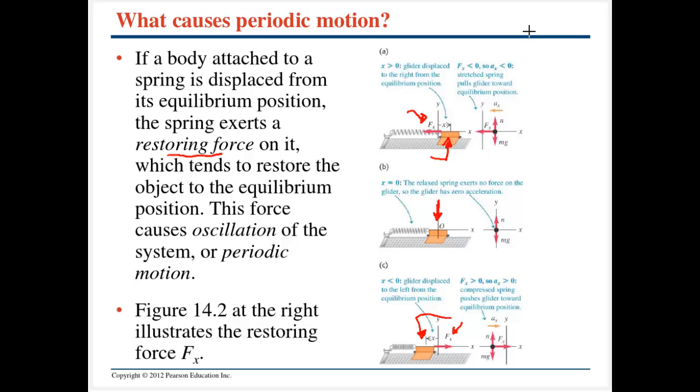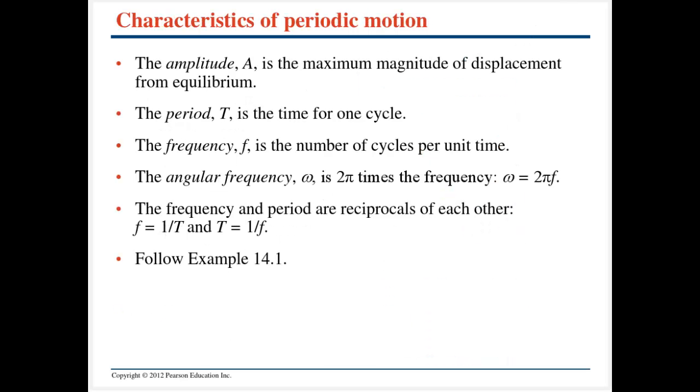So let's just get some definitions out of the way for some of the characteristics that we're going to see with periodic motion. If we consider a mass on a spring, here we have the spring at its unstretched length, so that would be its x0 point, if you will.